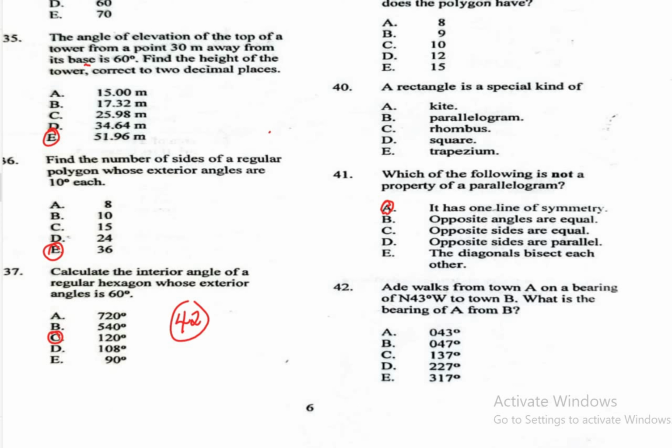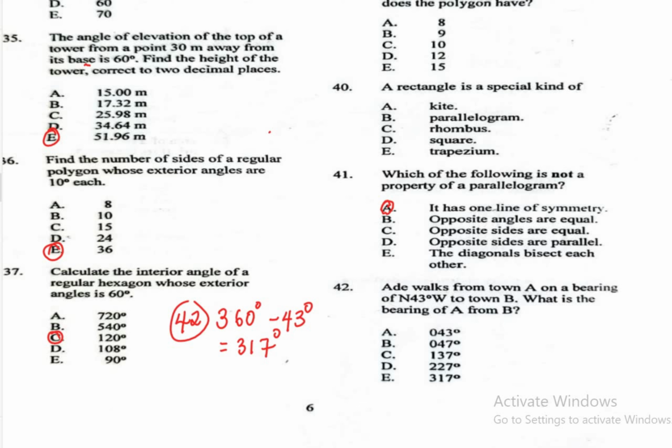North 43 degrees west means 43 degrees west of north, which is the same as a bearing of 360 degrees minus 43 degrees, which will give me 317 degrees. That's from A to B.